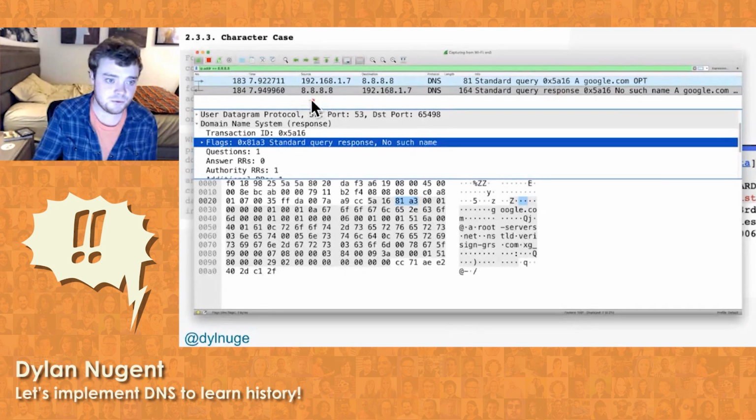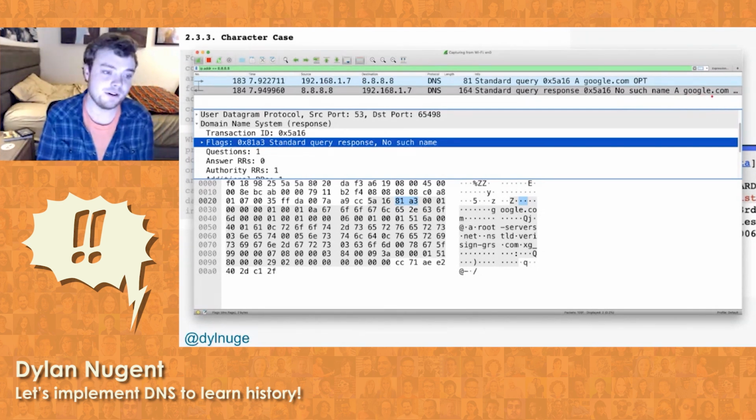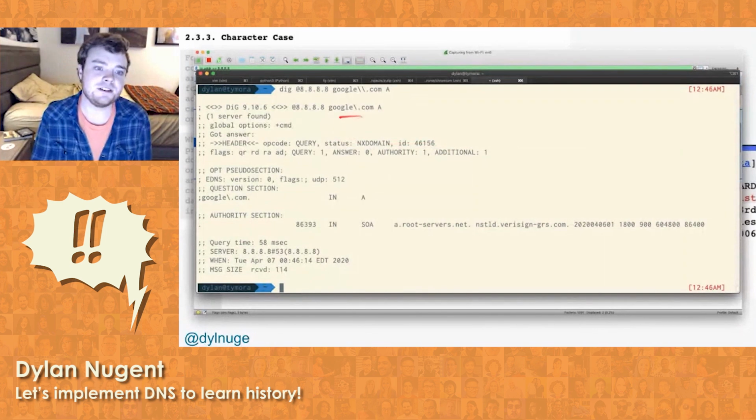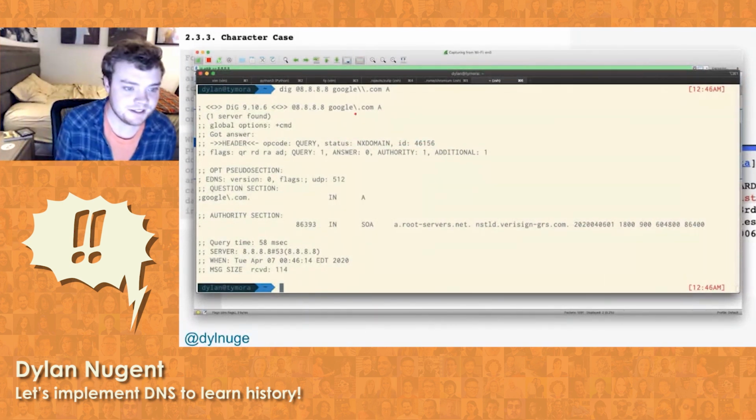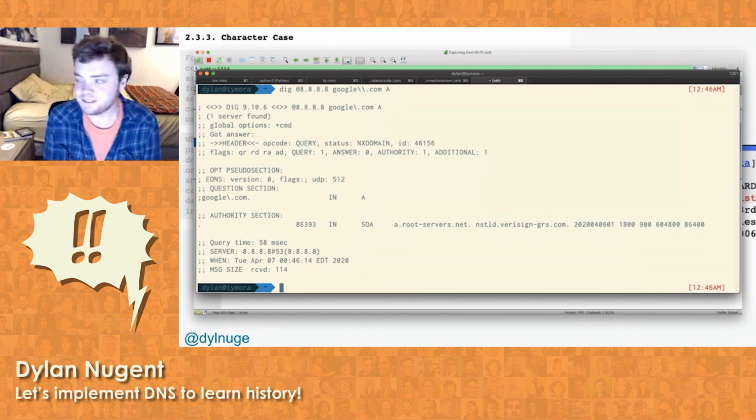And here's Google's recursive resolver, 8.8.8.8, telling us that that domain doesn't exist. What I find kind of funny is Wireshark didn't anticipate this query, so it's not formatted any differently than a correct query for google.com, but we can see that what I queried for was the escaped google.com in full, and that's why we get an NXDOMAIN there.